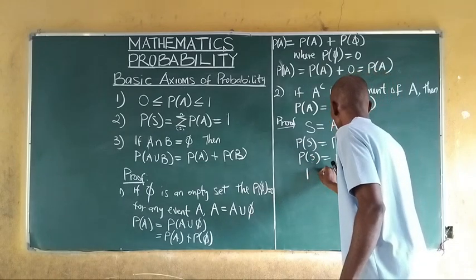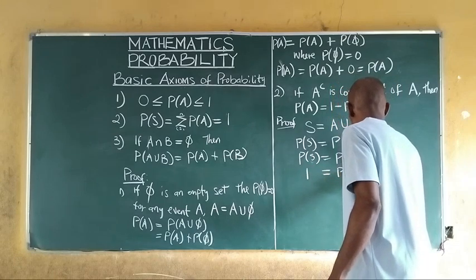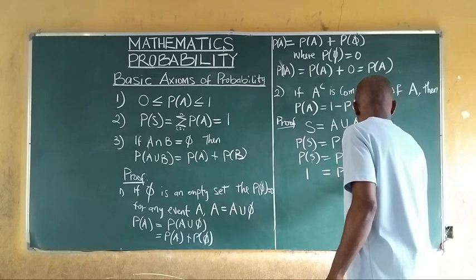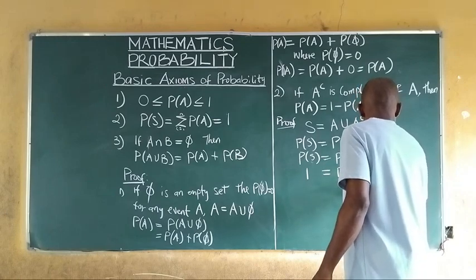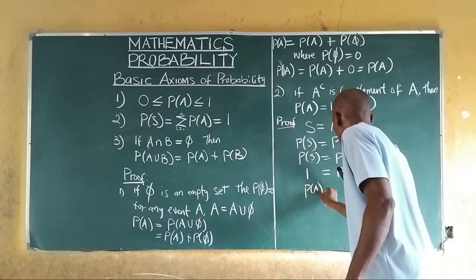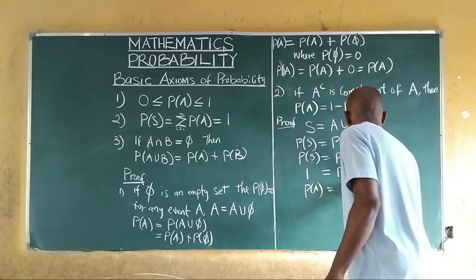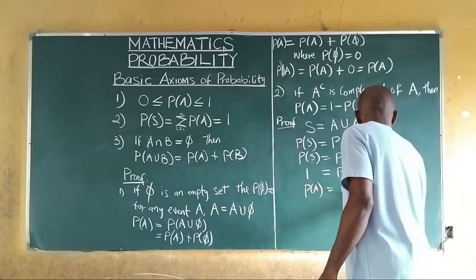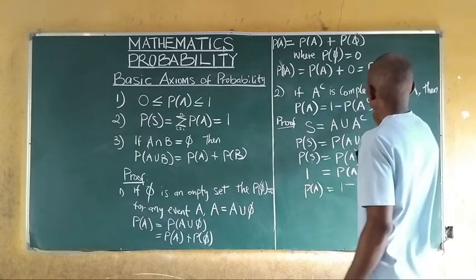And we know that this is 1, which is equal to the probability of A plus the probability of A complement. If we make the probability of A the subject, we get 1 minus the probability of A complement, which we have stated here.